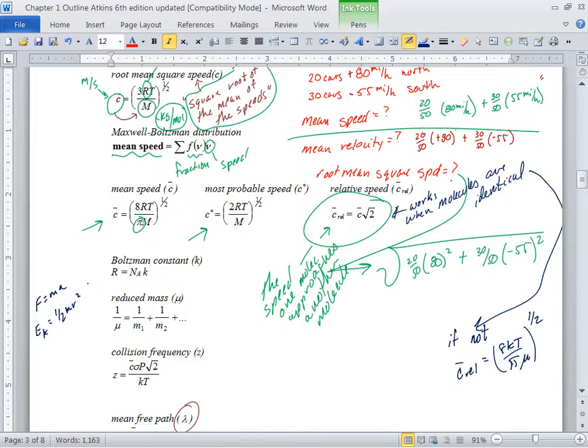But what if you had a hydrogen atom bonded to a hydrogen atom? It's not a single body. You can't use m anymore. You have to use mu, the reduced mass. And very often one is much more massive than the other one, and this simplifies, and we'll get into that later.